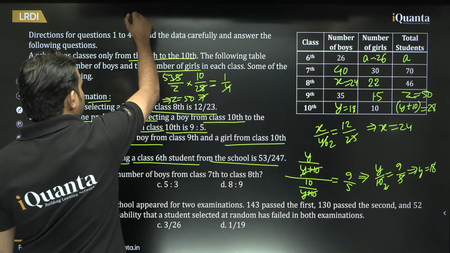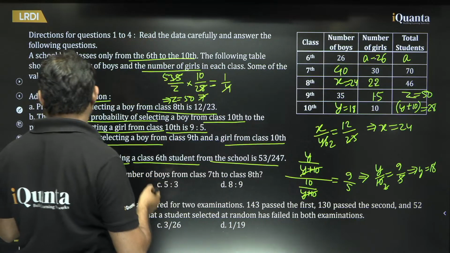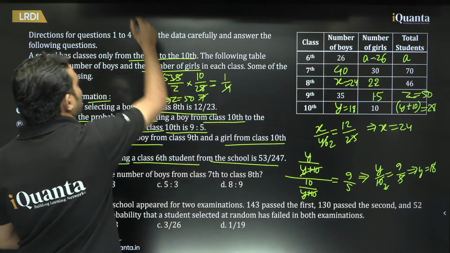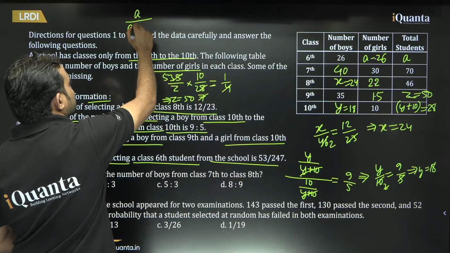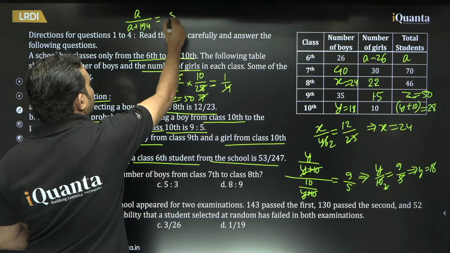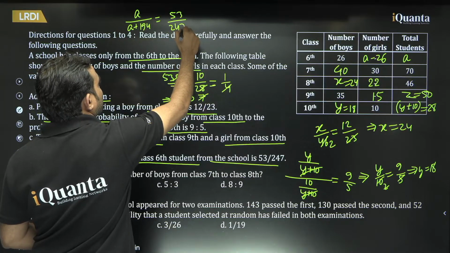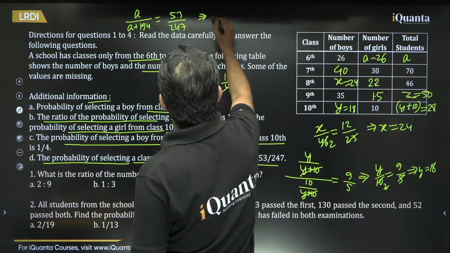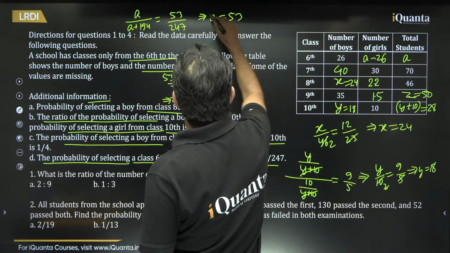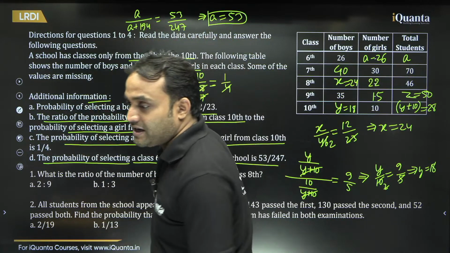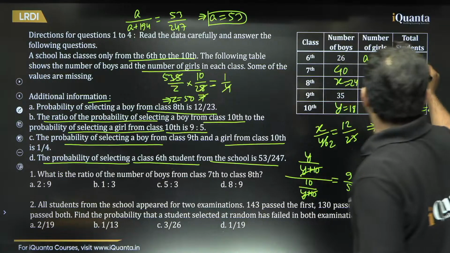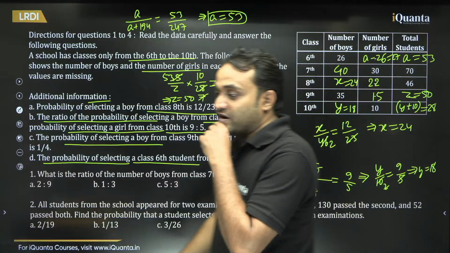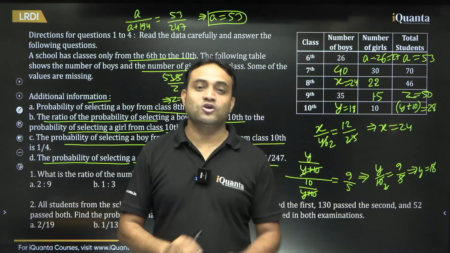So, A upon A plus 194 is equal to 53 upon 247. This is what's given, right? Now, if I take A is equal to 53, then this condition is satisfied. We can find A is equal to 53. So, this will be equal to 53 and this will be equal to 27. So, now with that information, we got all the values, right?